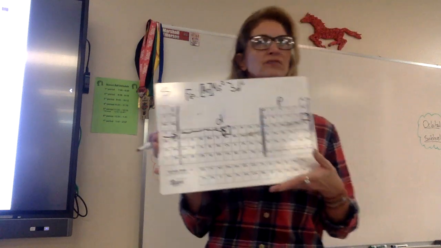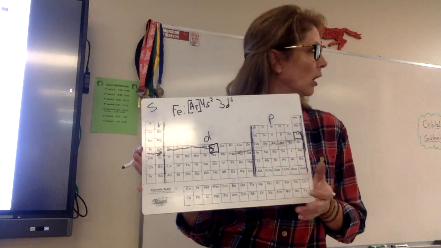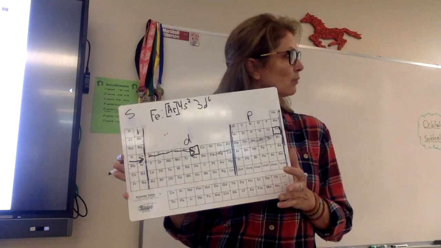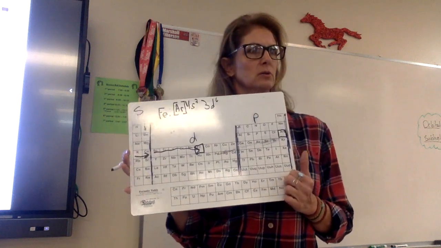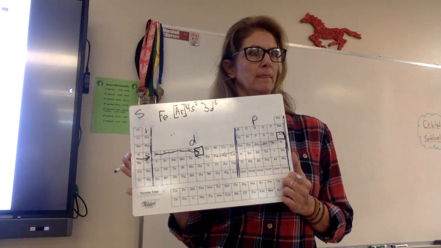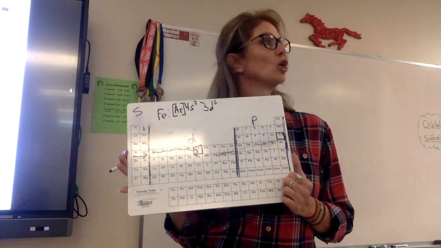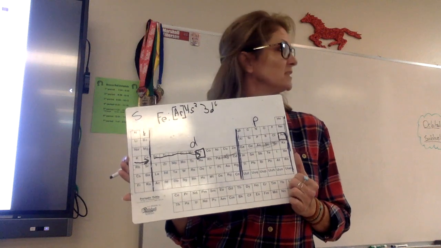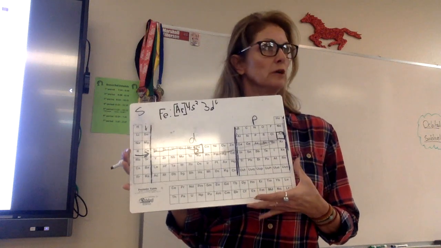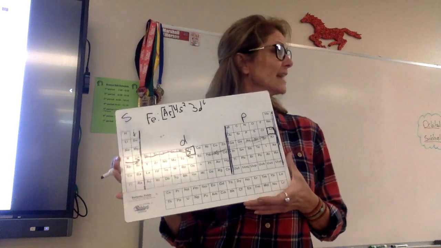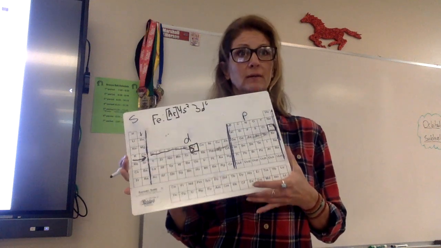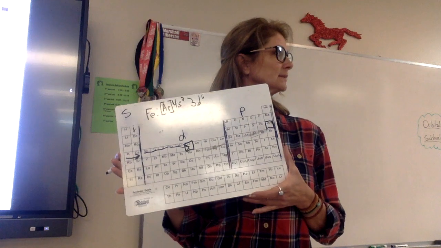All right, so if I ask for the noble gas configuration for tin, number 50, which noble gas are you going to use? Krypton. Number 50? So the closest one is number 36, krypton. Good. If I ask for iodine, number 53, what's your noble gas?